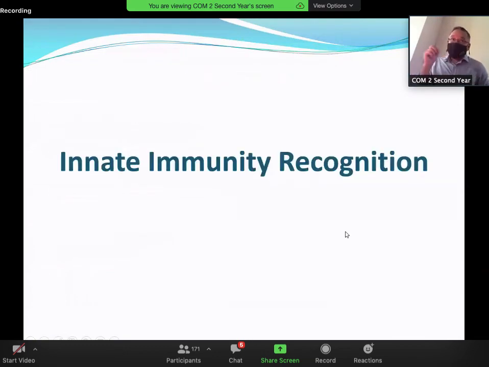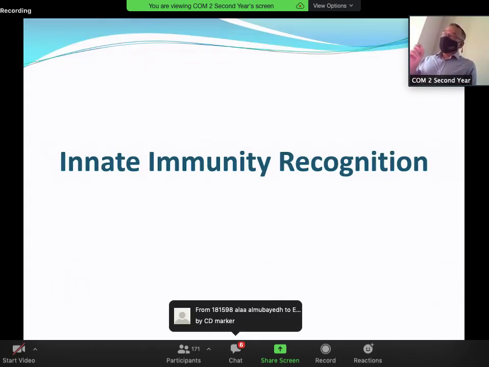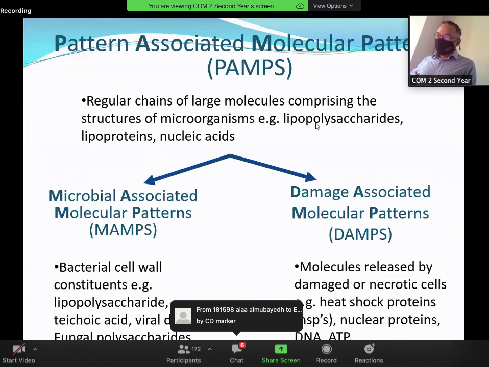So, how did that neutrophil, that phagocyte, recognize the bacteria as being foreign? What tags or what markers are displayed on that bacterial cell which we don't display in our own bodies? These are called pathogen-associated molecular patterns.